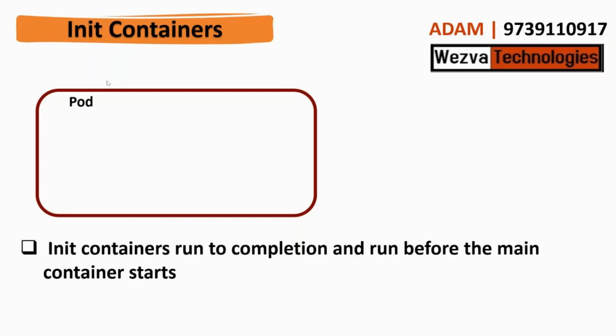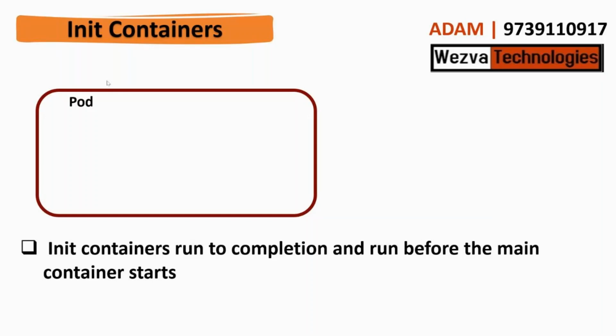Basically, it will create and start the main container. But think of it like this. When your main container is started, assume it needs some additional files that you need to download from a URL, or you have to do a git clone, or it has to connect to some database and fetch some data, or it has to connect to another microservice and get some details from it.